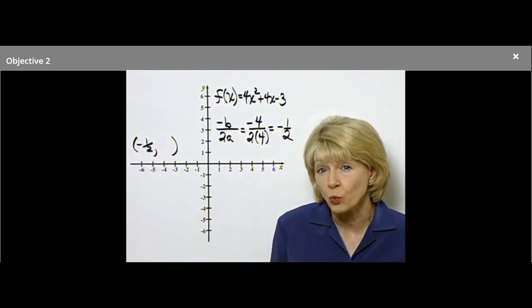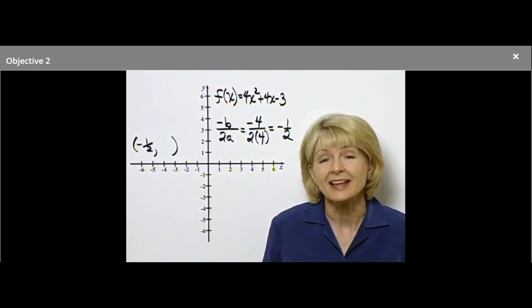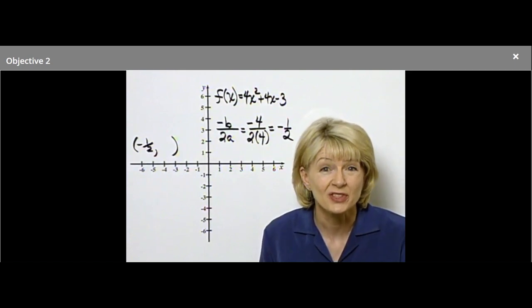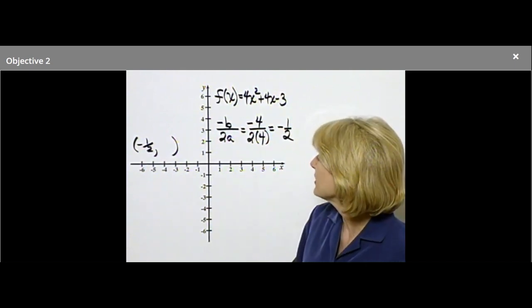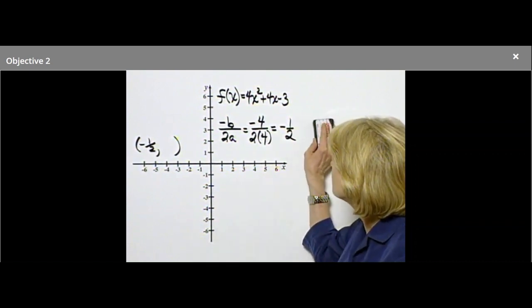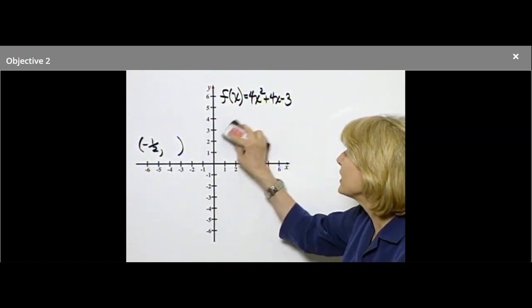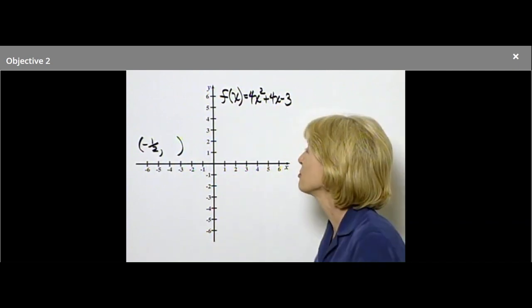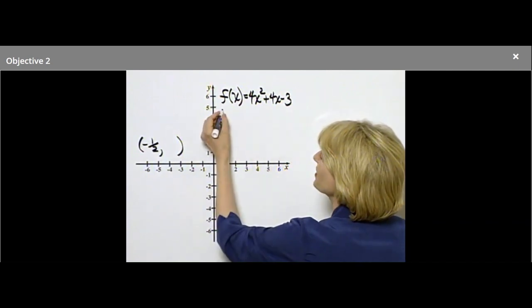Now, how do we find the y value of the vertex? In the formula, it says find f of negative b over 2a. So obviously, find f of negative 1/2. The reason being that this is a point on the graph, so obviously we want it to be an ordered pair solution of this function.